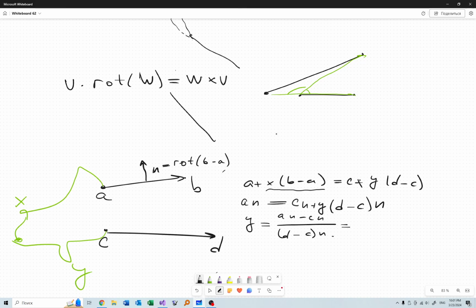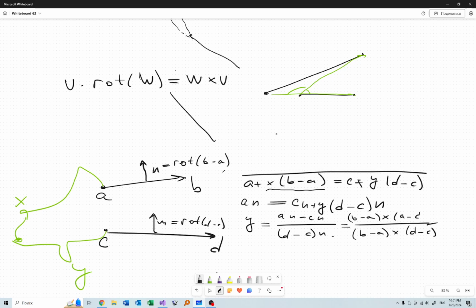So we clearly have (b minus a) times (a minus c) over (b minus a) times (d minus c). And we also can multiply by m, which is rotation of d minus c. And instead we can get ma plus x times m(b minus a) equals mc.